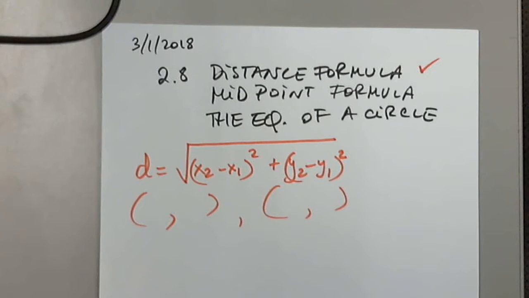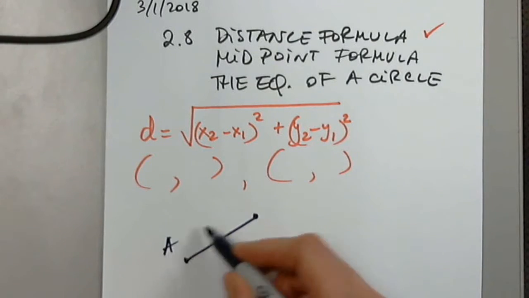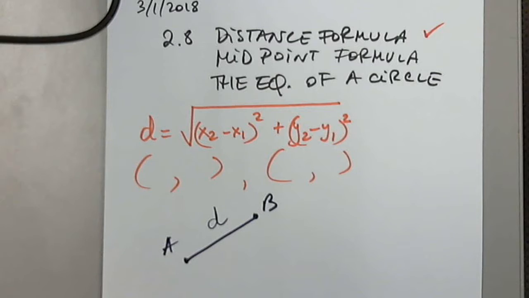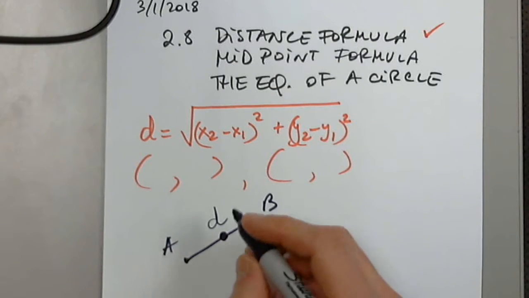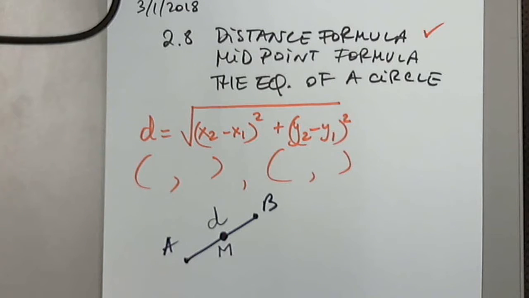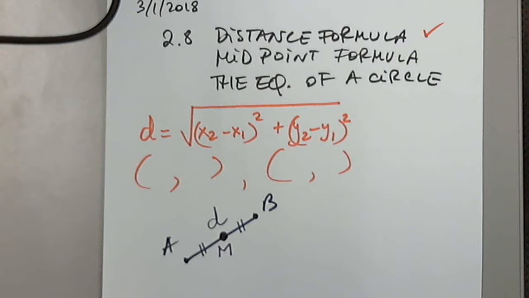But before that, I just want to say one more thing, that if we have those 2 points, A and B, and the distance between A and B, the measure of the line segment AB, somewhere right in the middle, where the two pieces are equal, we say M bisects, divides into two equal parts, the line segment AB.